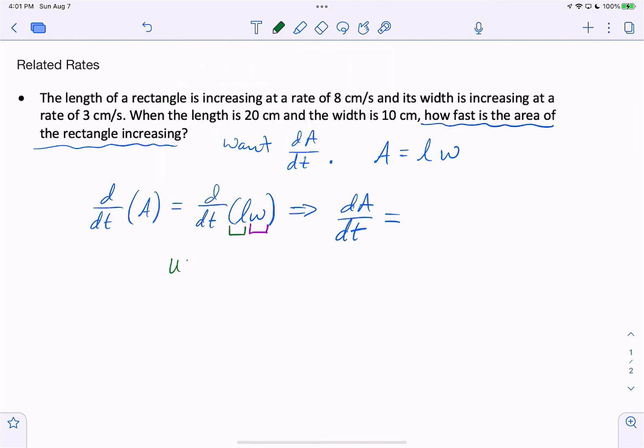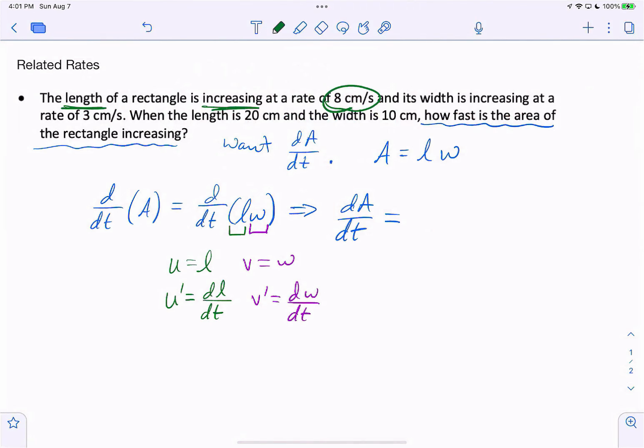We're going to say u is equal to L and v is equal to W. Our derivatives are with respect to t, and so u prime is dL/dt, and v prime is equal to dW/dt. I'm thinking of it in those terms because in the statement of the problem, the length of a rectangle is increasing at a rate of 8 centimeters per second.